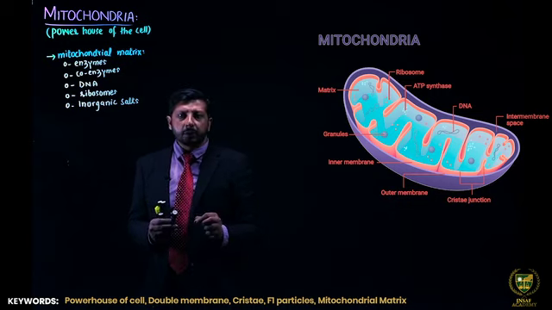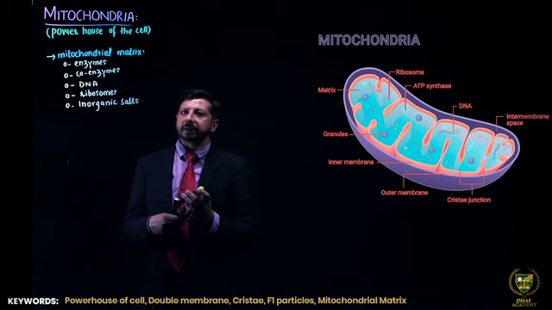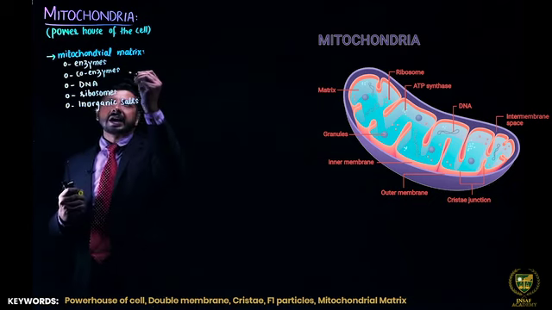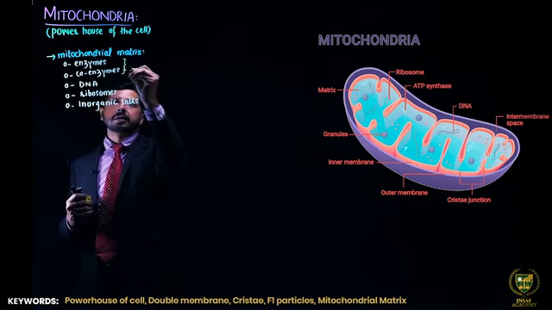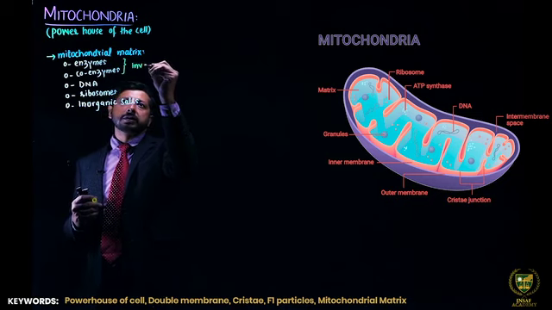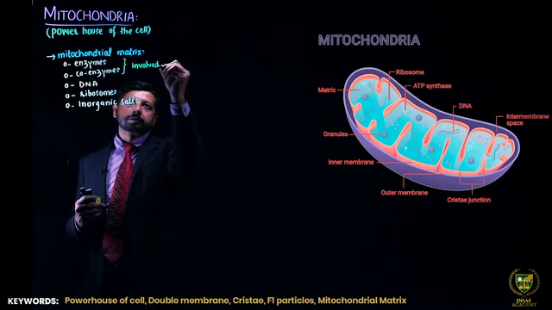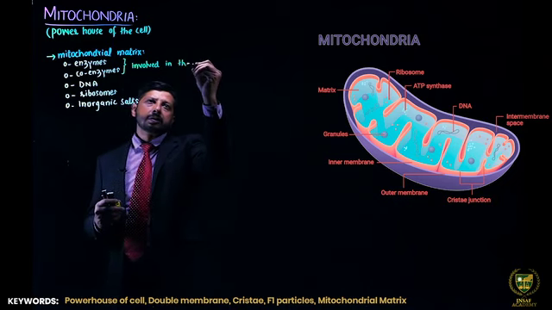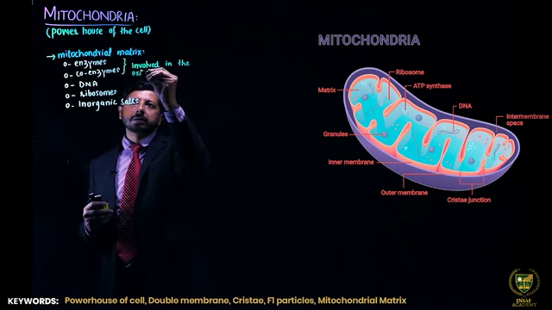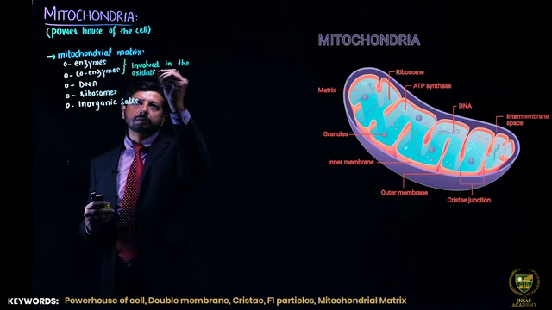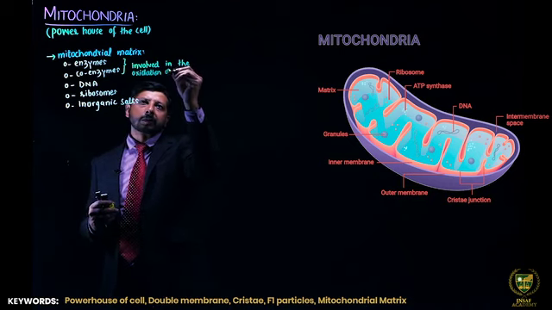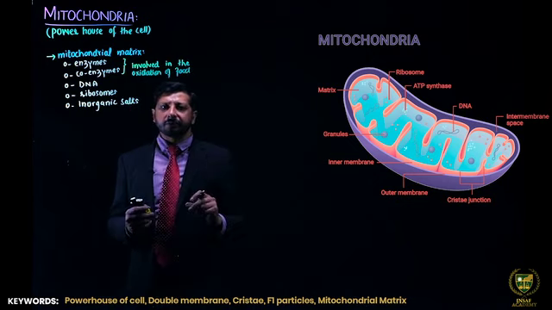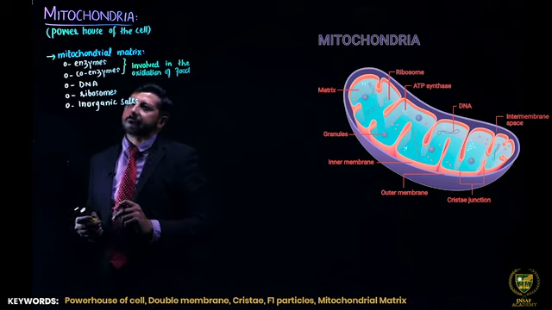So enzymes and coenzymes are involved in the oxidation reactions. These enzymes are involved in the oxidation of food and converting them finally into ATP.